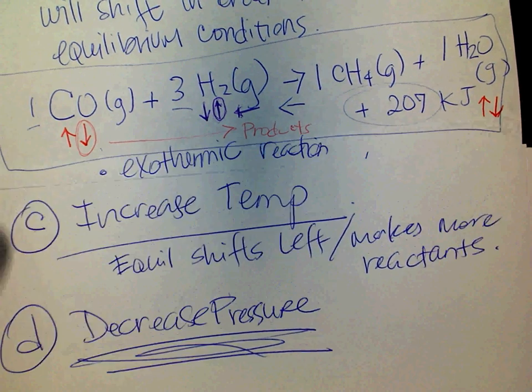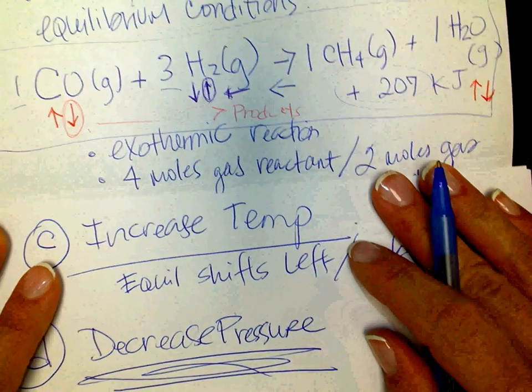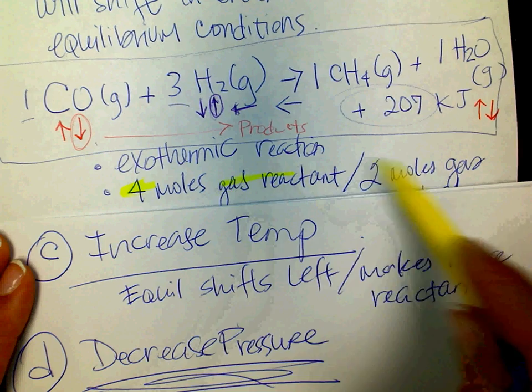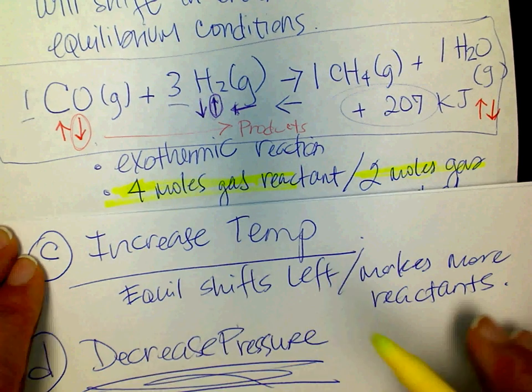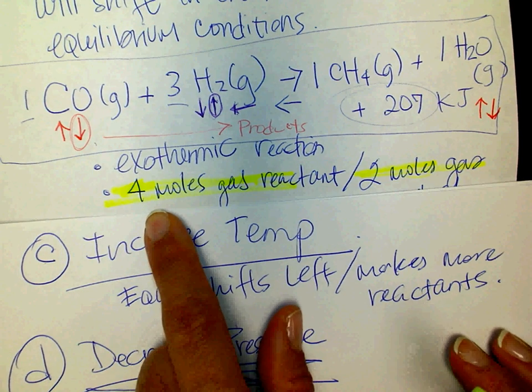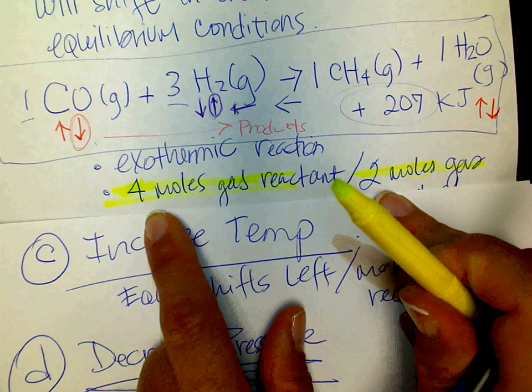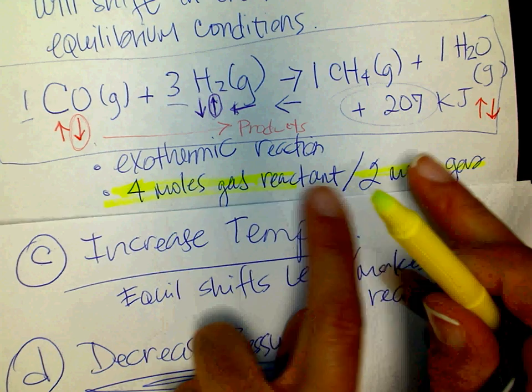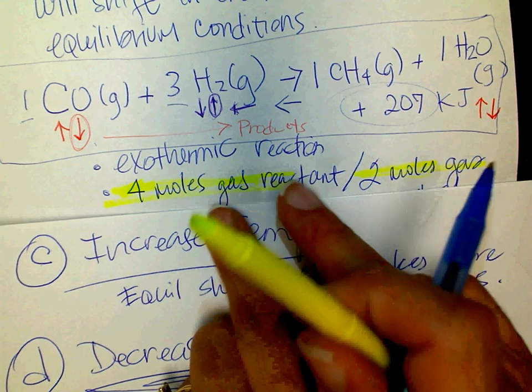We're going from a gas to a liquid. How many moles of gas do we have? We're all gases. How many moles of gas do we have on the left? 4. How many on the right? 2. Which side inherently has more pressure, twice as much gas or less gas? This has more pressure over here.